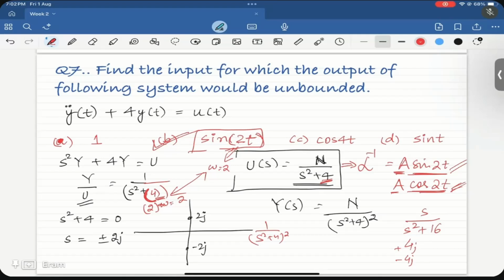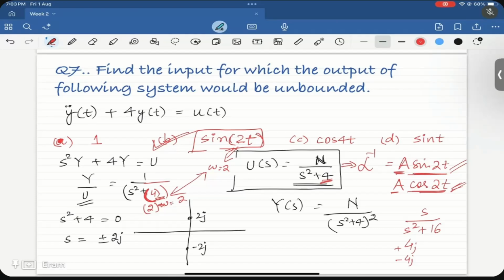Okay, so what I was saying is, when we have poles explicitly on the imaginary axis, then we know that the response will be unbounded when there are repeated poles on the imaginary axis, right? So here in the transfer function, we have a single pair of poles, at 2j and minus 2j.